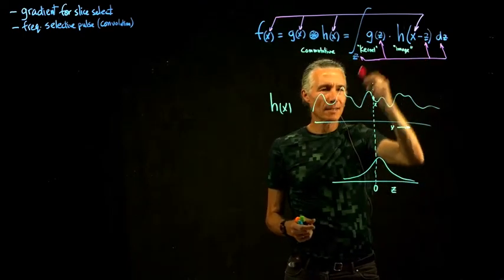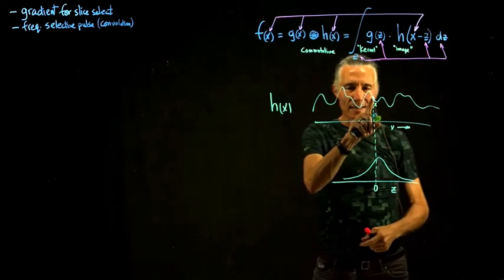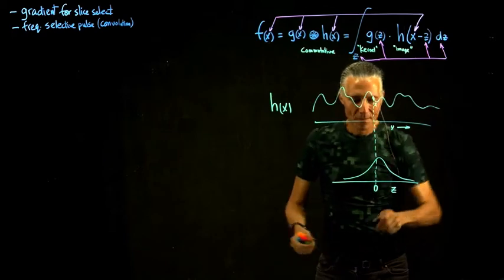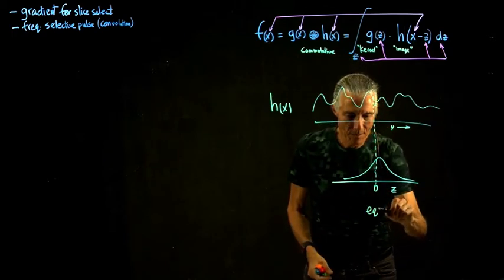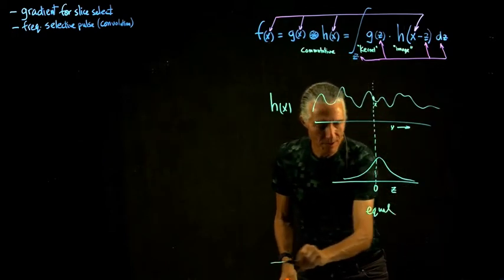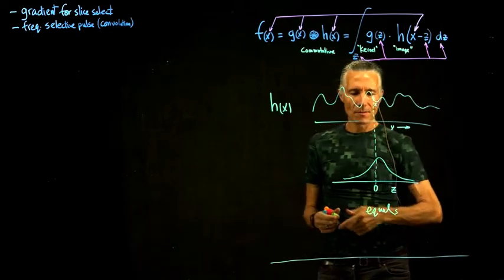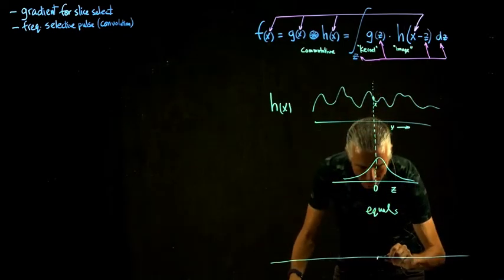For one point in x, how do you figure out the value of the convolution? Remember, this thing is going to equal something. So here's our output in x.